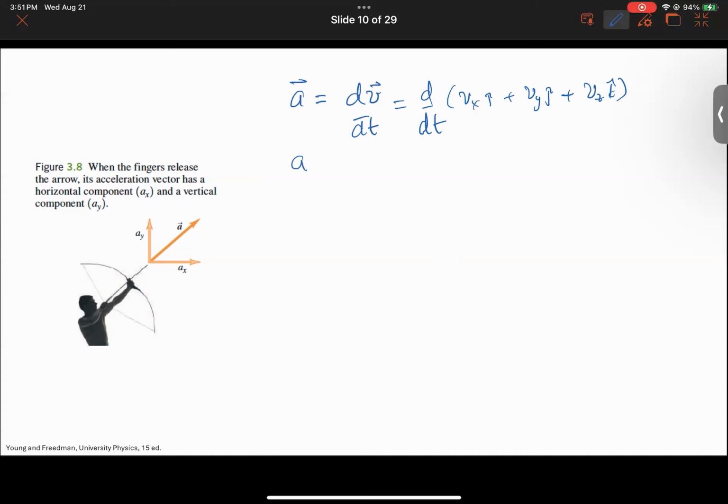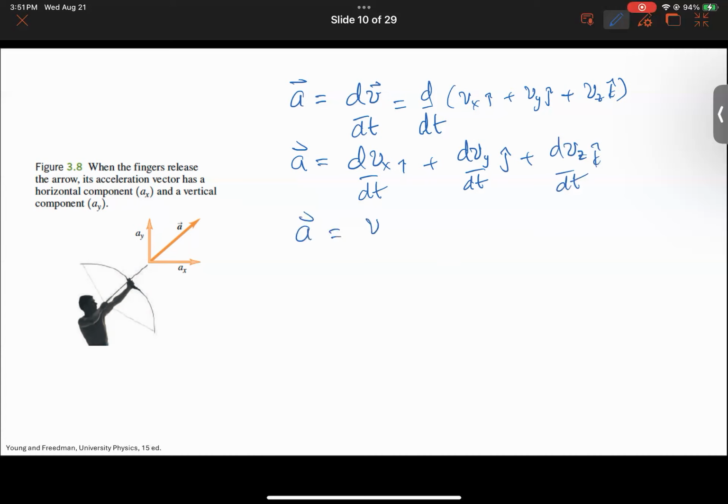Okay, so yung instantaneous acceleration vector ngayon will be given by dvx/dt i hat plus dvy/dt j hat plus dvz/dt k hat.